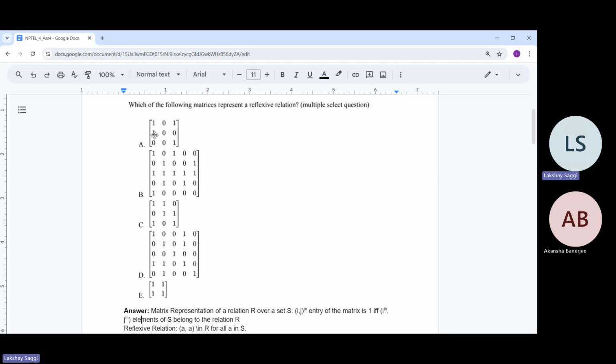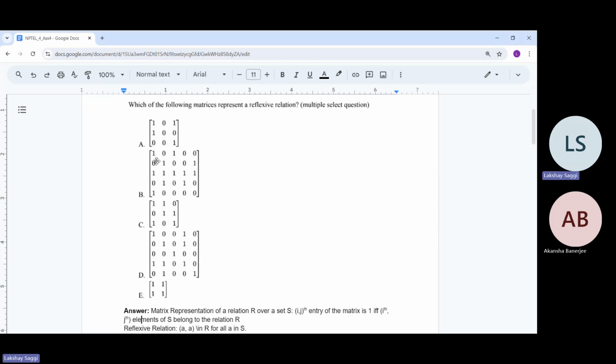But in symmetric matrices, the I, jth entry and j, ith entry are equal. I see that one entry is 0, one entry is 1: the 1, 2 entry is 0 and the 2, 1 entry is 1. So this is not a symmetric matrix. So option A is not a symmetric matrix.